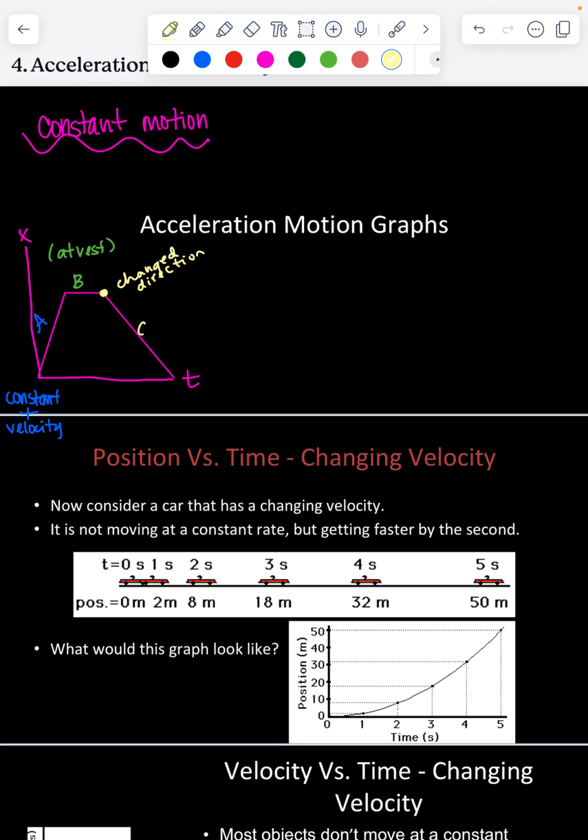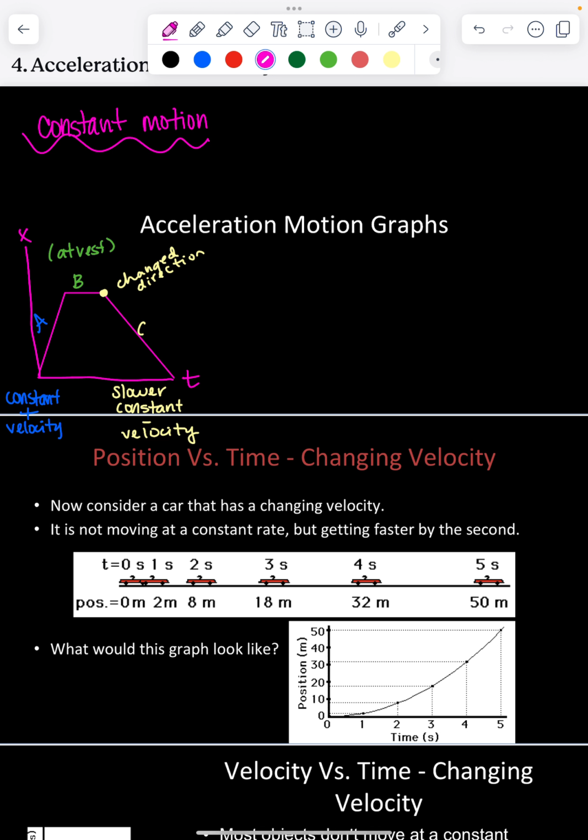But we also see that we are moving at a constant velocity. But another thing that should be popping out is that this slope is less steep than A. All right, so we should see that we have a slower, constant, negative velocity than our positive velocity.